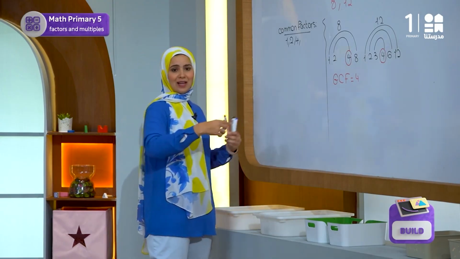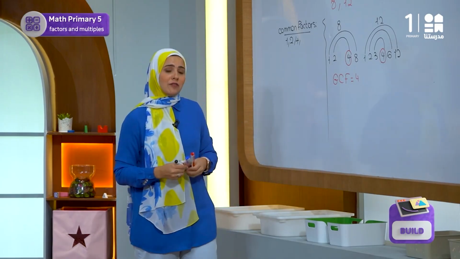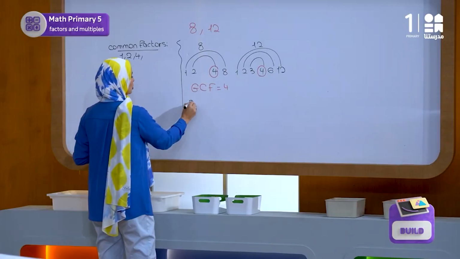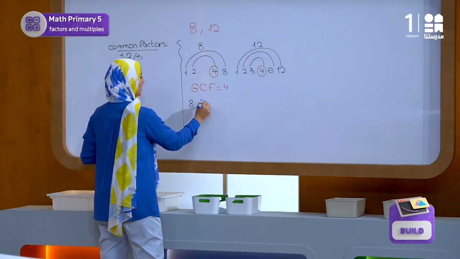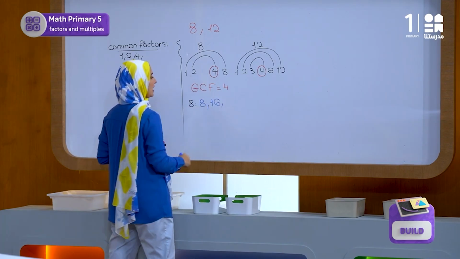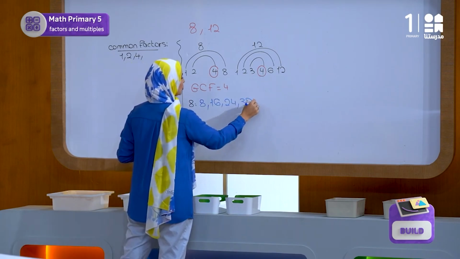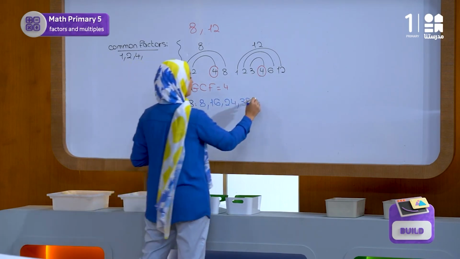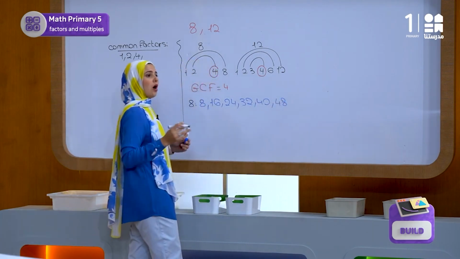This is so easy. The multiples of 8 are 8, 16, 24, 32, and then what comes next? 40, 48, and so on.